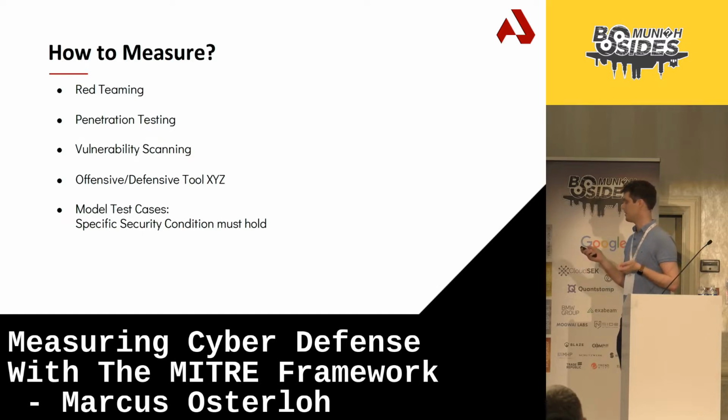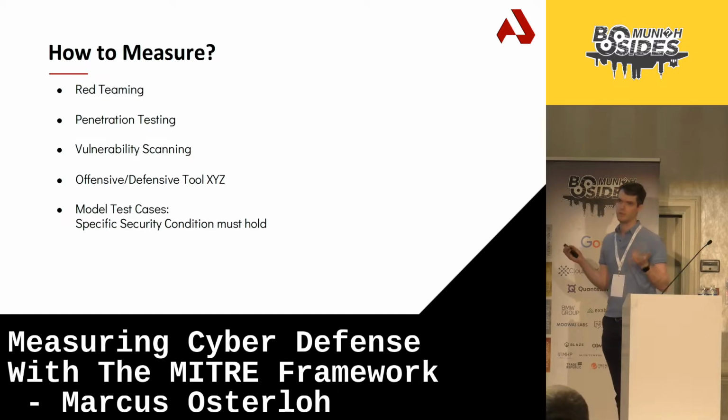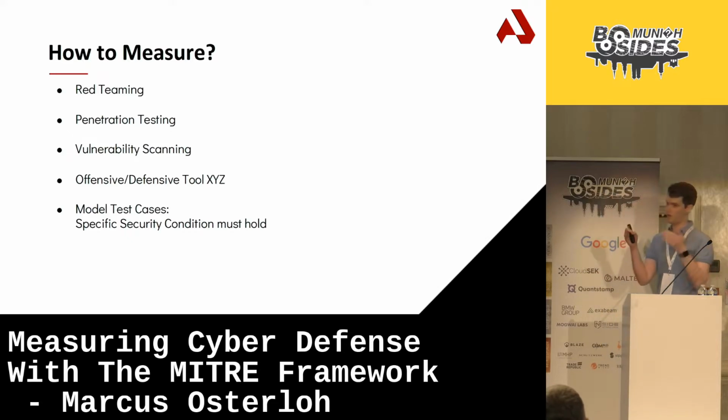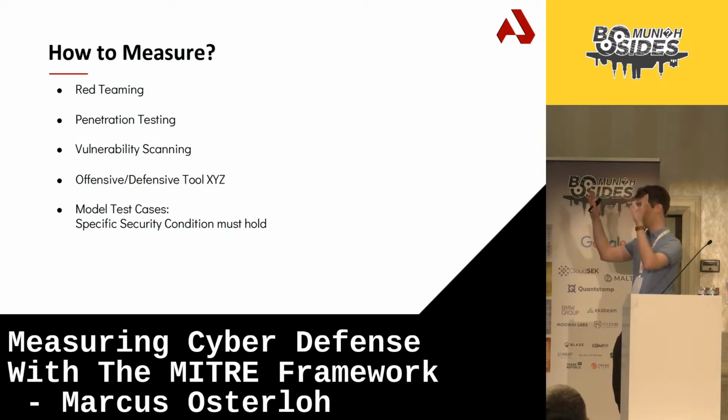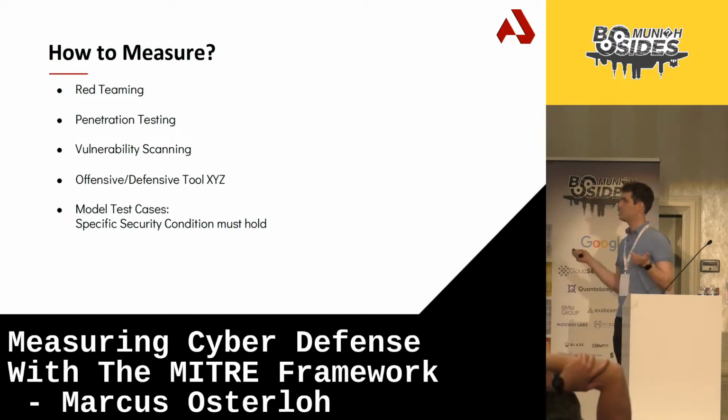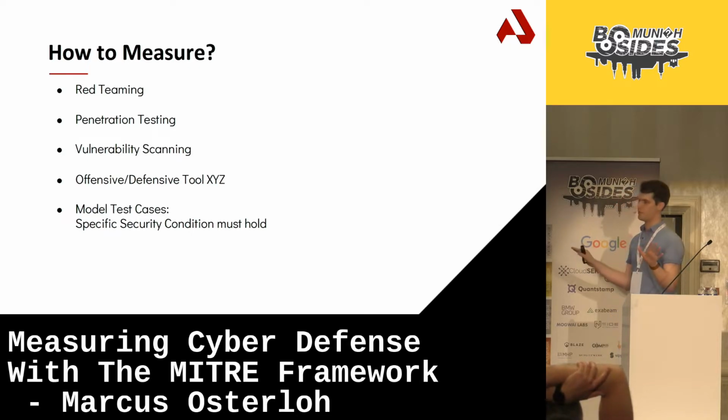The next candidate might be penetration testing, which is a more focused approach where you can say, I want to test this machine or that machine or the entire network, this web application, and so on. It's also good, but imagine you have 5 pen testers and 800 machines. That doesn't scale. Another candidate is vulnerability scanning, which is also great because it's a broader approach.